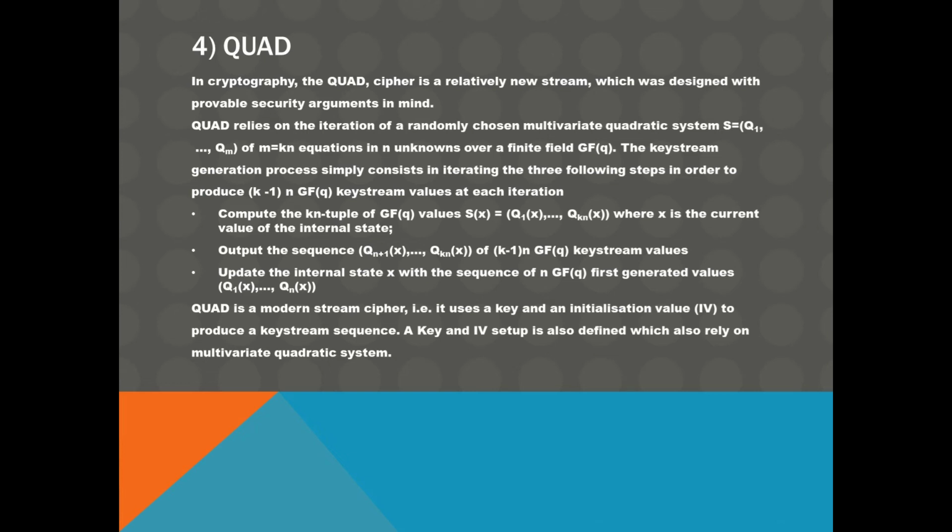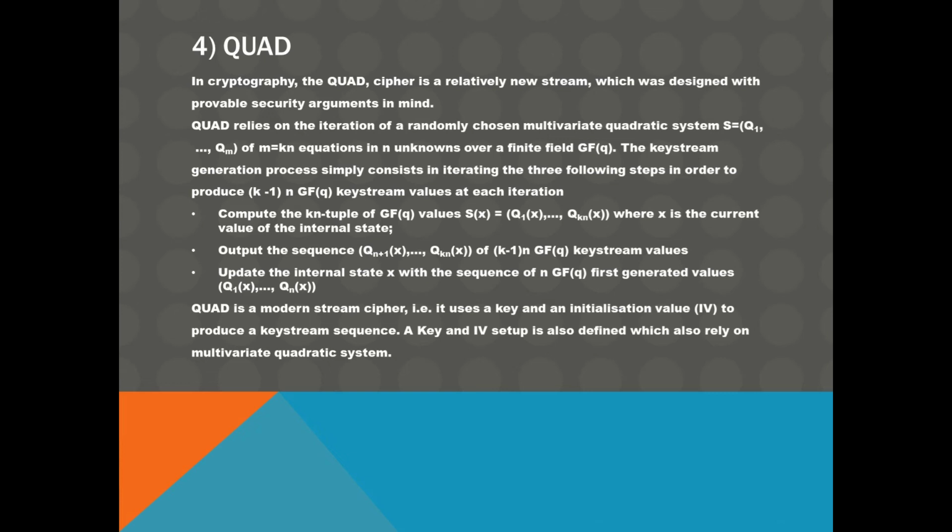So suppose you rely on the iteration of a randomly chosen multivariate quadratic system, where these are the system of quadratic equations, and you have m equations in the unknowns over a finite field GF. The keystream generation process simply consists in iterating the 3 possible steps in order to produce k minus 1 keystream values at each iteration.